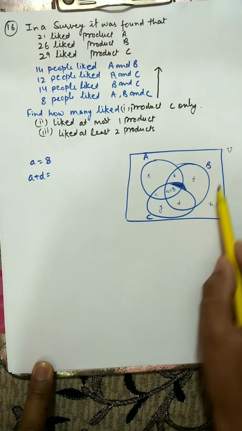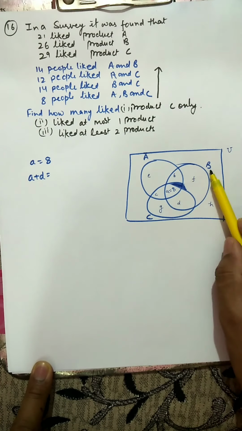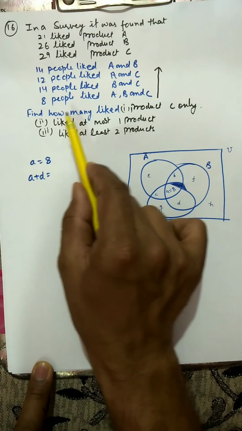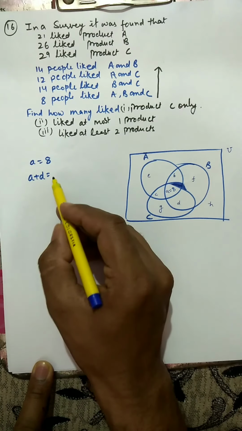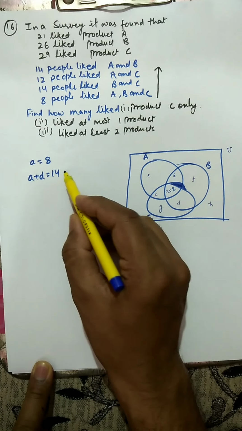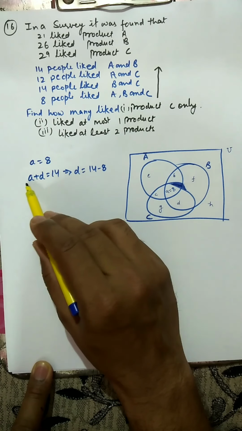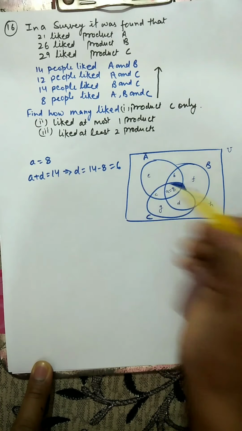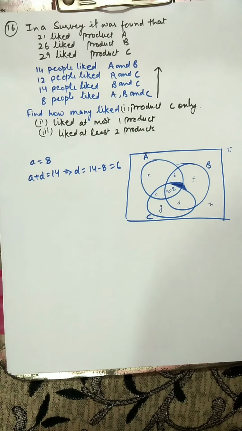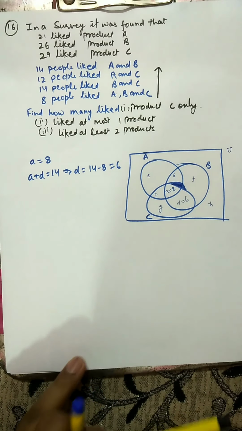The area a and d represents the common area of B and C both, so there are 14 people. So you can take the value of d as 14 minus 8, because the value of a is 8. So this is 6, and d equals 6.